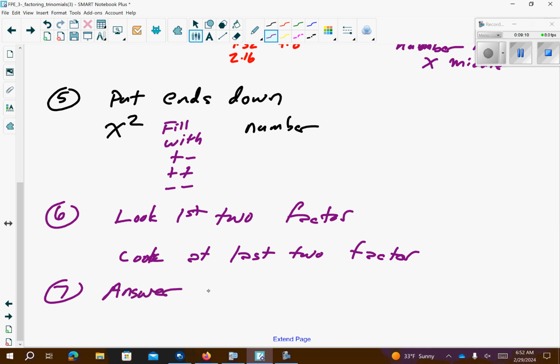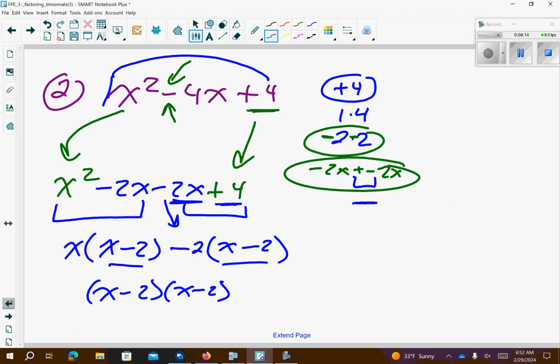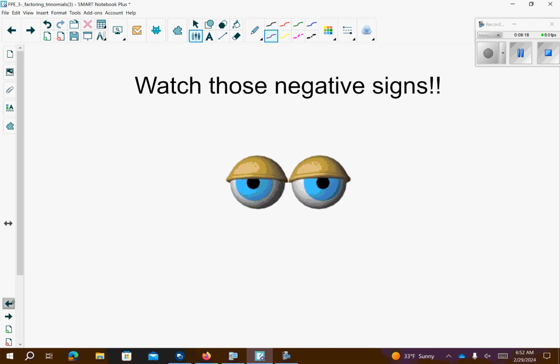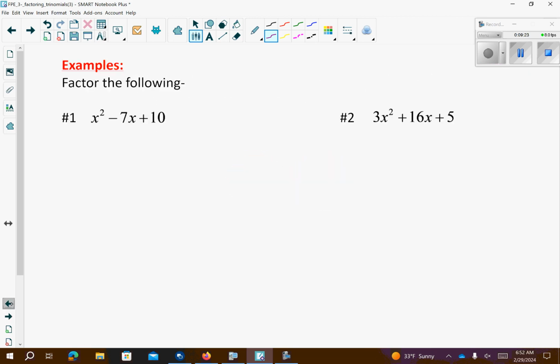Okay? So let's go back to page 47. I believe I did these first two, but let me just do them one more time. So I'm going to put a 1 out front. Multiply those together, I get positive 10.